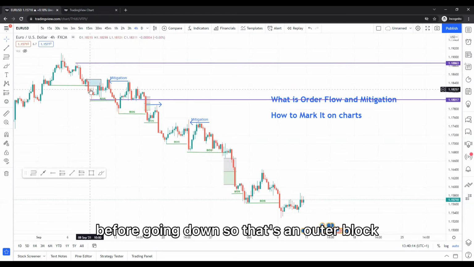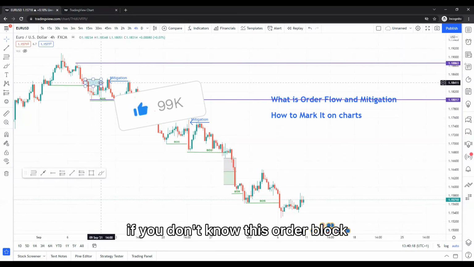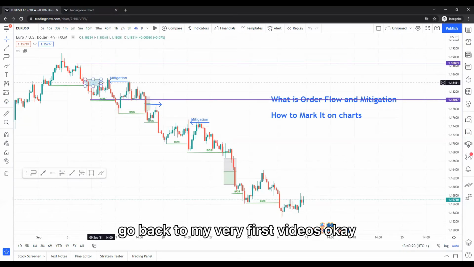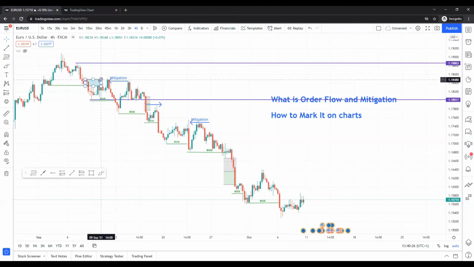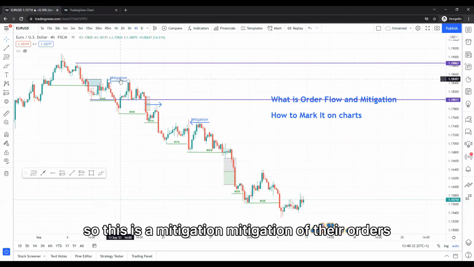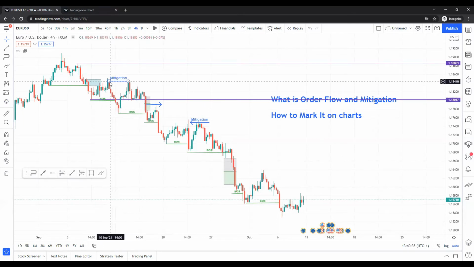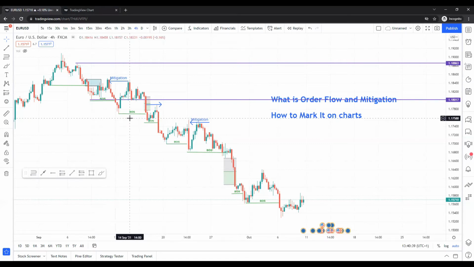If you don't know what an order block is, go back to my very first videos. The price will come back to this order block to mitigate the institutions' loss before it breaks the new structure. This is a mitigation of their orders before you have the full move again, a new break of structure. BOS is break of structure.